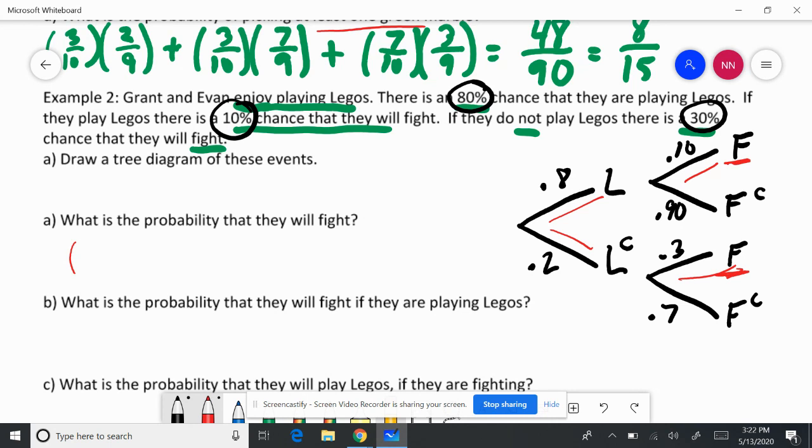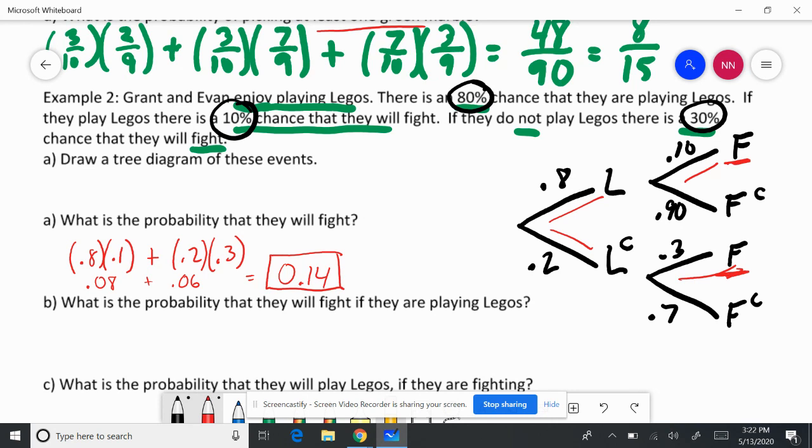So what we're going to do is we're going to go 0.8 times 0.1, and then we're going to add that to 0.2 times 0.3. So right there, when we add it up, what we have is 0.08 plus 0.06, which gives us a total of 0.14. And that would be the probability that they fight.